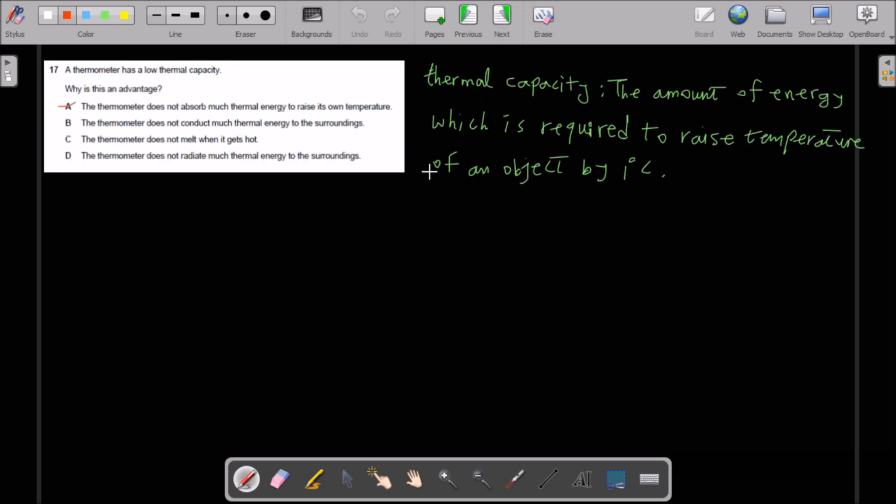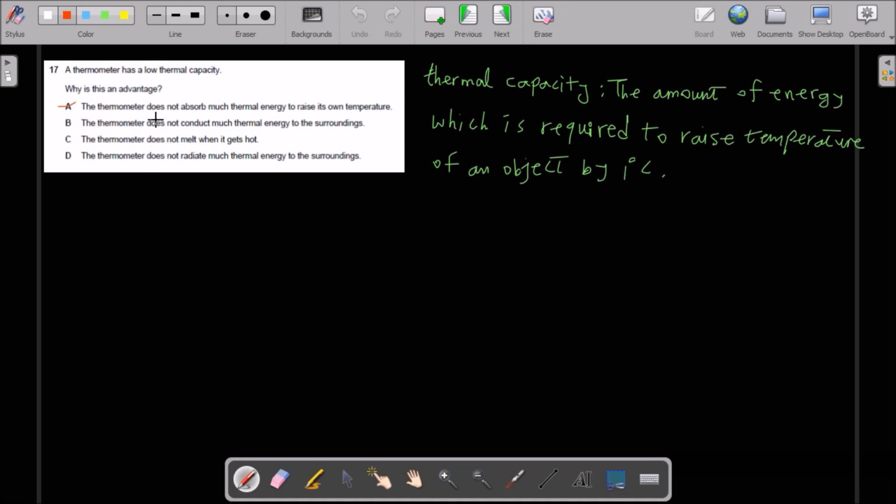Question 17. A thermometer has a low thermal capacity. Why is this an advantage? First of all, what is thermal capacity? Thermal capacity is the amount of energy which is required to raise temperature of an object by 1 degree Celsius. This is definition of thermal capacity. Now, between A to D, we should choose one of them.